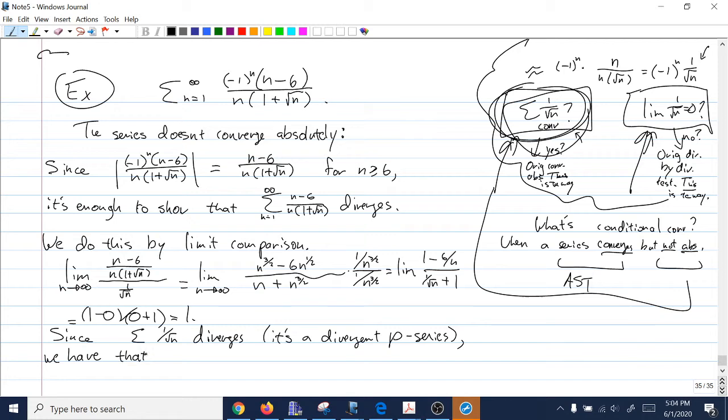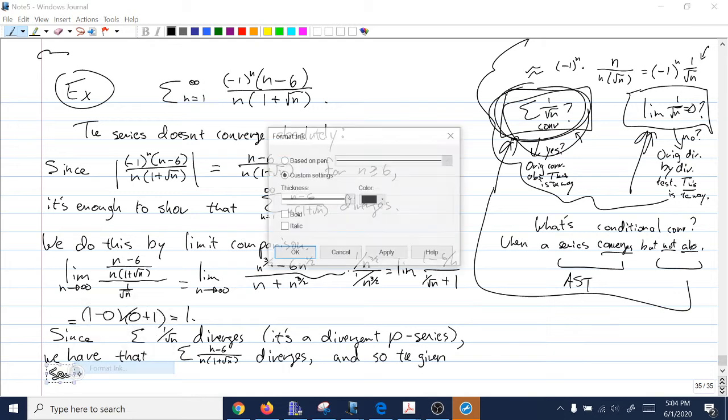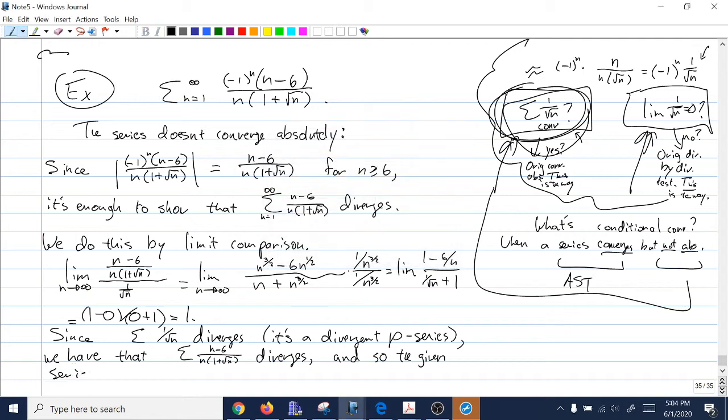We have that the sum of n minus 6 over n 1 plus root n diverges. And so the given series doesn't converge absolutely. Cannot converge absolutely.